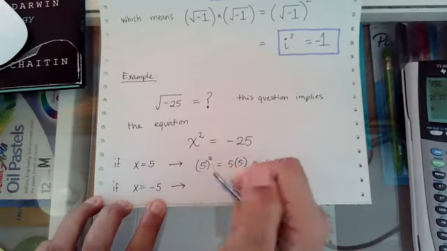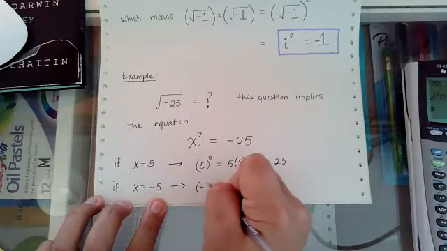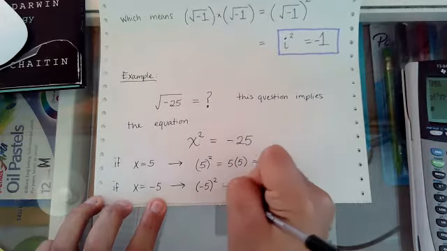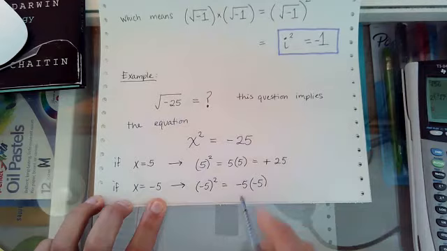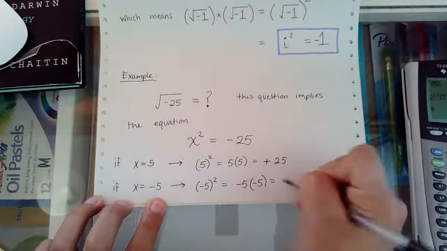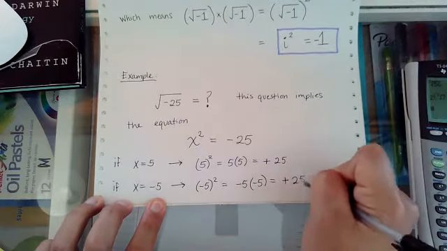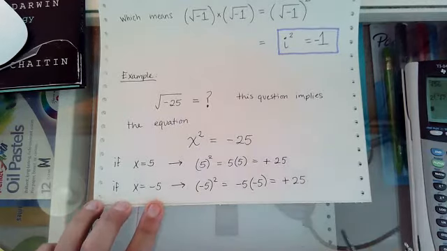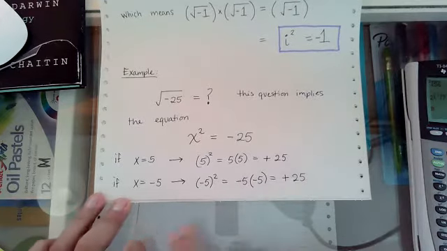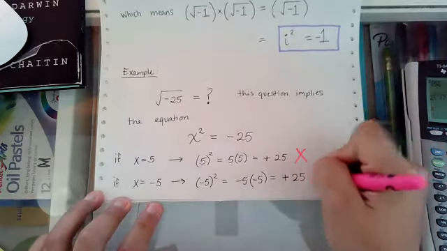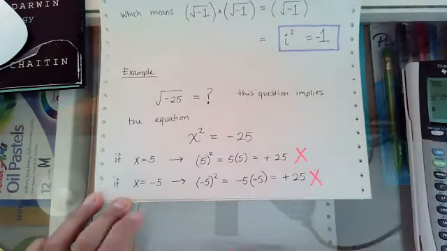And likewise, if we had negative 5 squared, then that would be -5 times -5. But since a negative times a negative gives you a positive, that can't be the answer to this equation either. So those don't work.